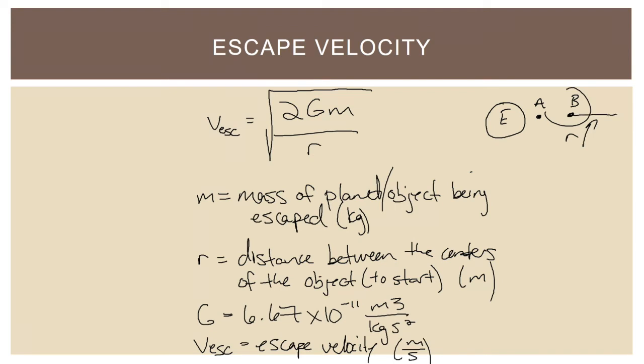If the distance is higher, the object is not going to have to go as fast to escape the gravitational pull of the Earth, because the gravitational force acting on the object at point B is already smaller than it would be if the object was starting at point A. That's the idea. Take a second to pause this video here and write that down, and when you hit play, we'll move on.